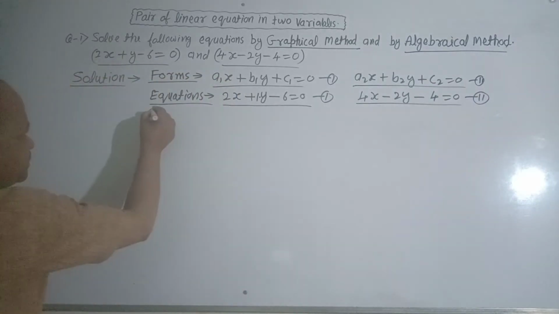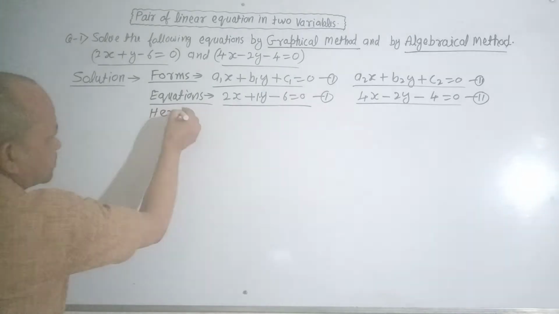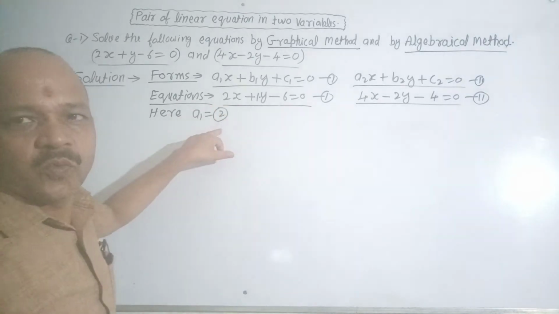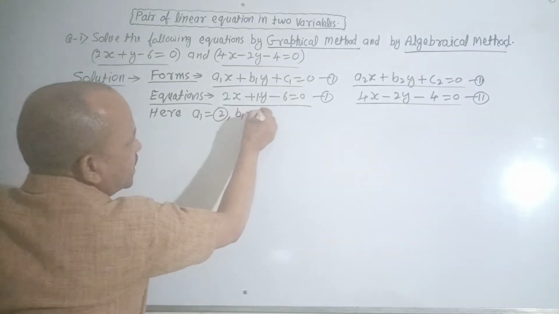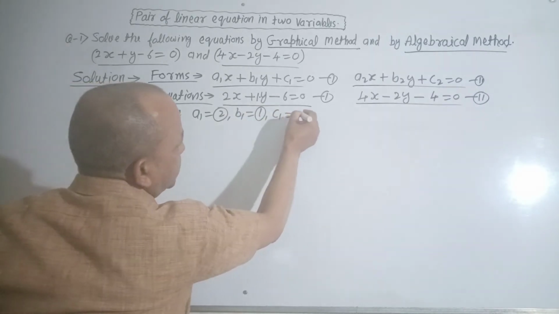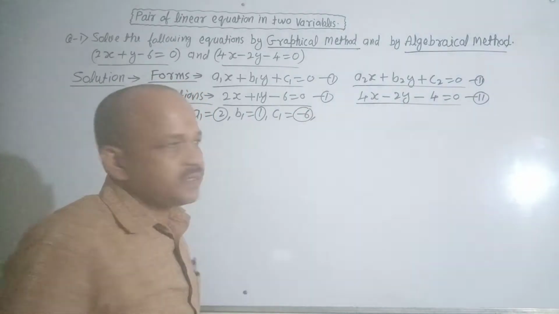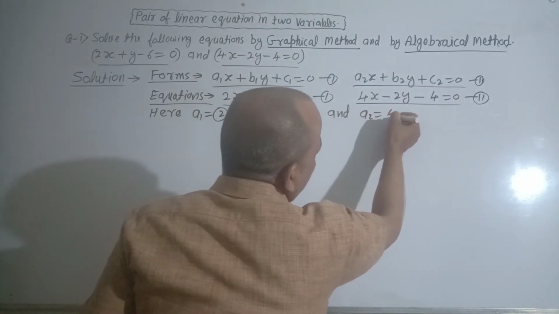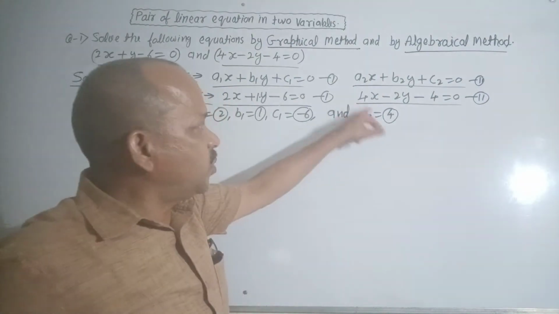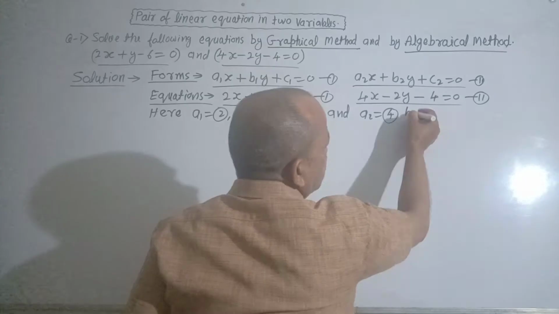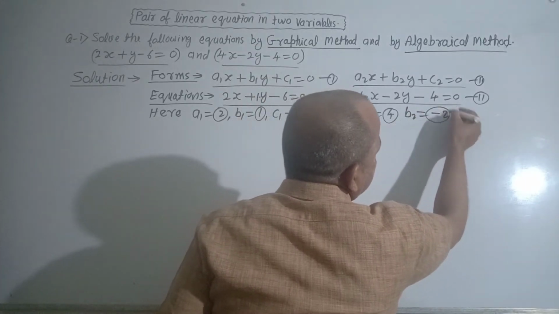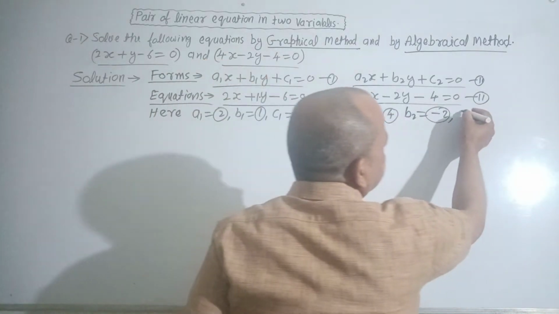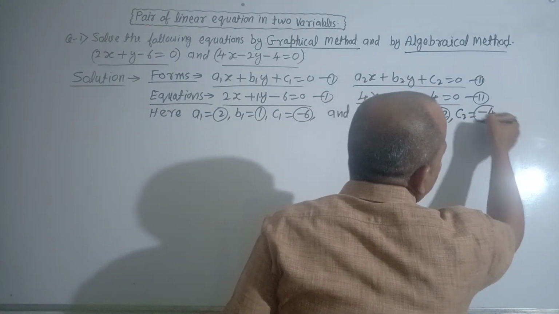Clear? Here a1 equal to 2, b1 equal to 1, c1 equal to minus 6 and a2 equal to 4, b2 equal to minus 2, c2 equal to minus 4.